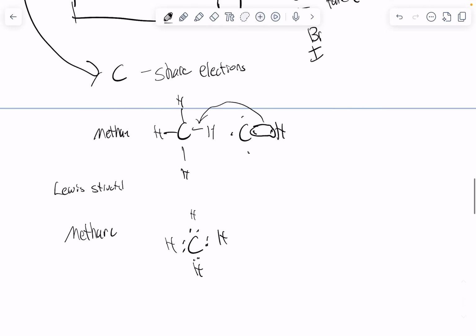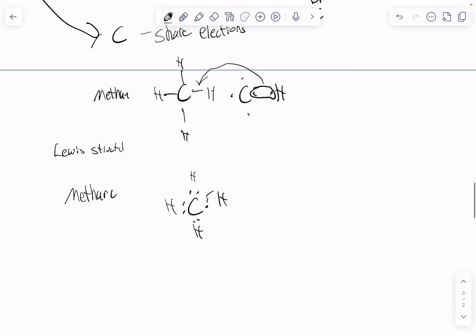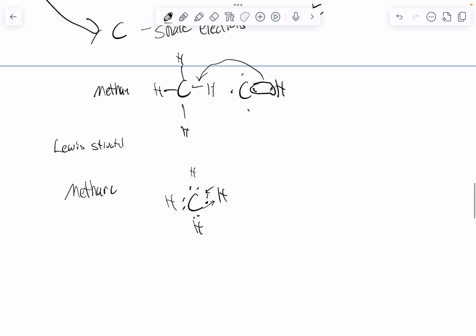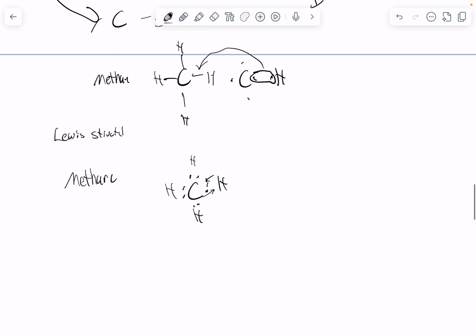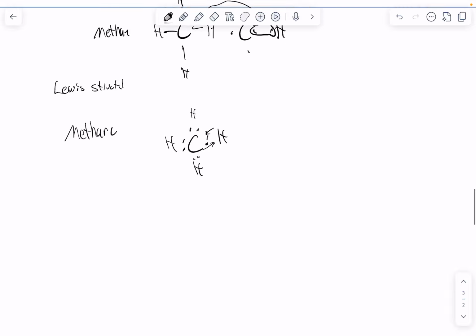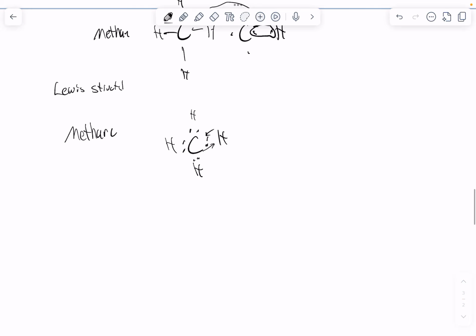And what is going on here is one electron from the hydrogen is being shared with a carbon, and carbon's also sharing its electrons. So they're kind of give and take a little bit. But carbon is more electronegative, so it wants more electrons. Hydrogens just want to give electrons. They're like, you get an electron, you get an electron, party time. And this is how we form a bond. When there's two electrons here, that's a bond.